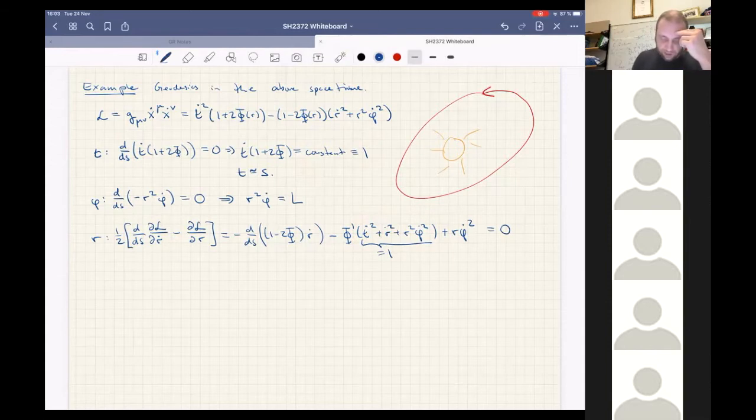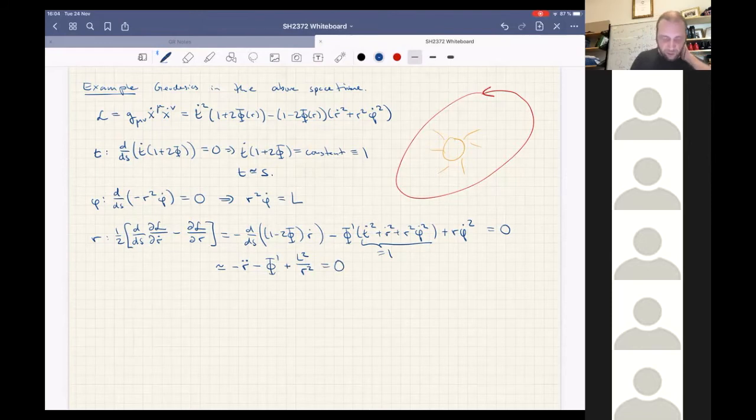So going through everything, this is approximately minus r double dot minus phi prime plus L squared divided by r cubed, and we set that to 0.